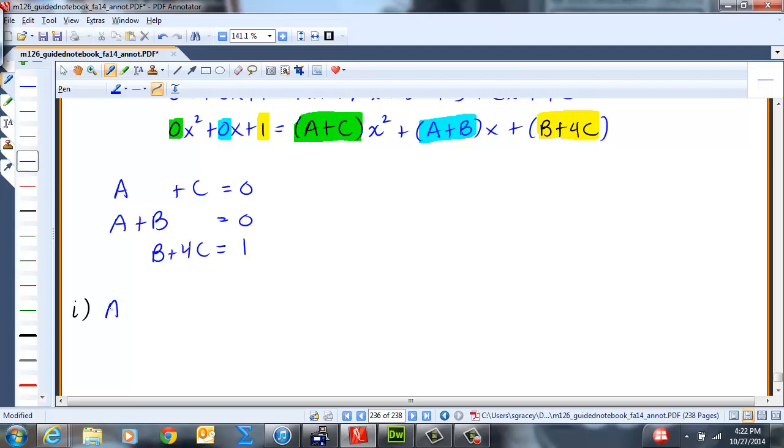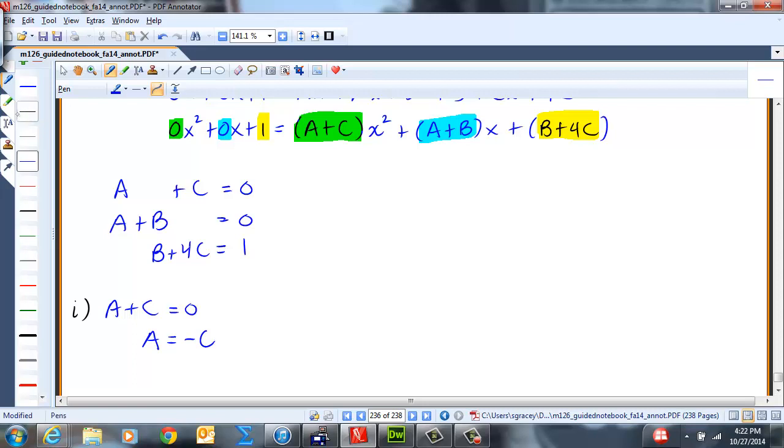So I suggest we work with the top two equations. We have a plus c is equal to 0, so a is equal to, do we want to isolate a or do we want to isolate c? I think we'll do a is equal to negative c.